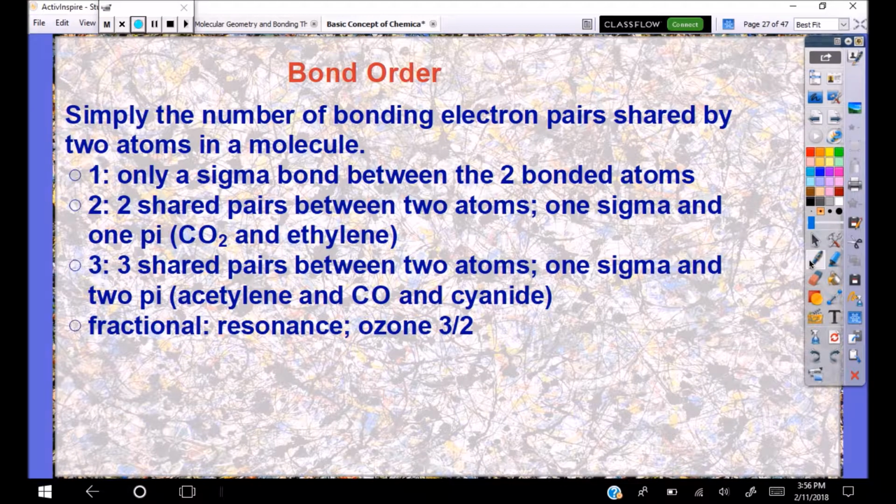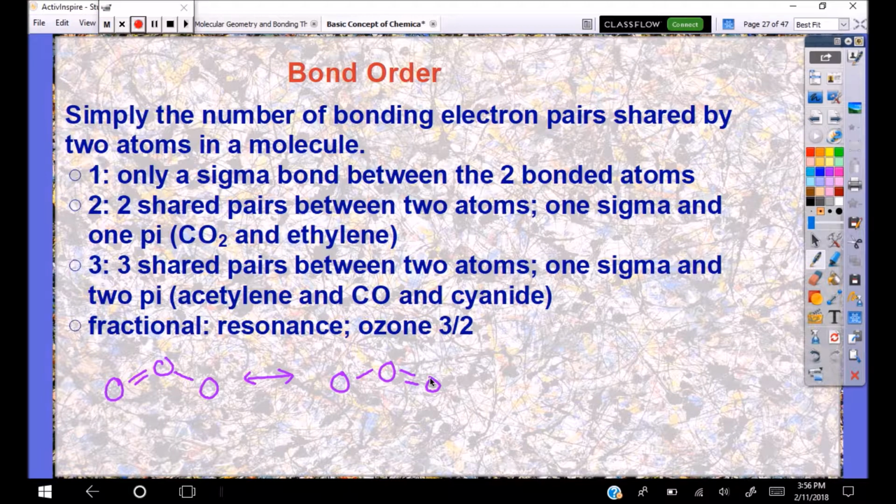Fractional bond order is when you have something with a resonance structure. We've talked about ozone before. We know this is one of the resonance structures for ozone. We also know the other one looks the same, just with the double bond on the opposite side.